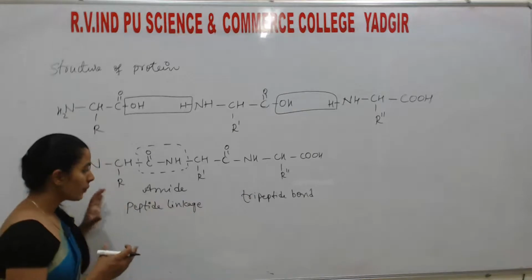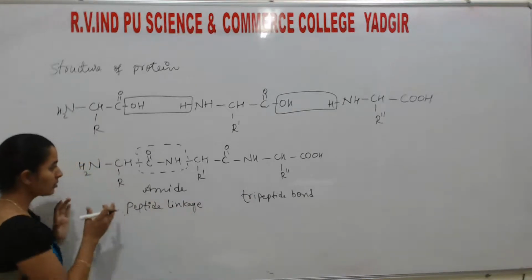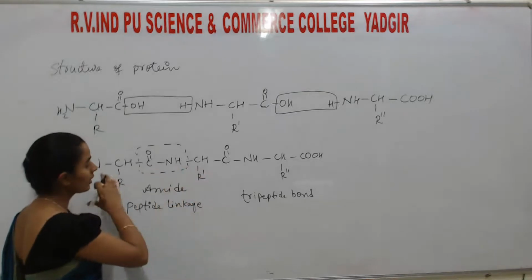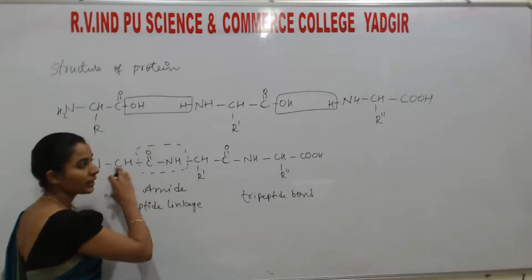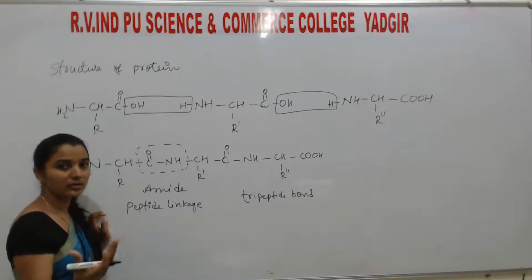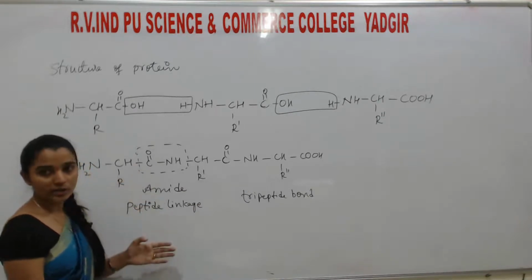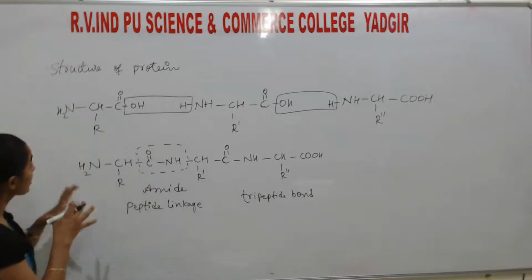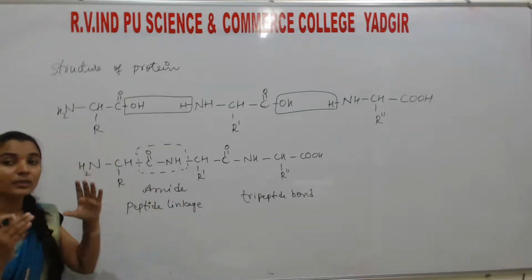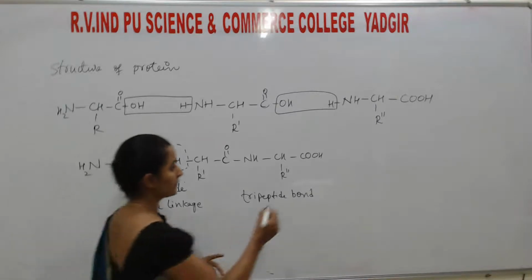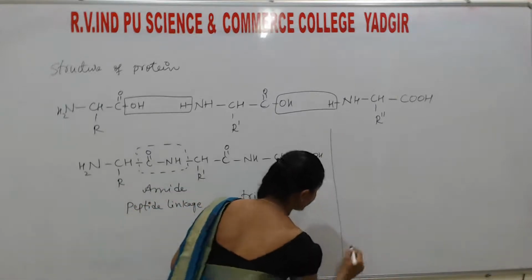So here in the protein, what is going to happen, students? The alpha amino acids are arranged in a straight manner, in a series, in a regular arrangement, one by one by one. Correct? So students, the structure of protein has primary, secondary, tertiary and quaternary structures. How? Listen, and write the structure.